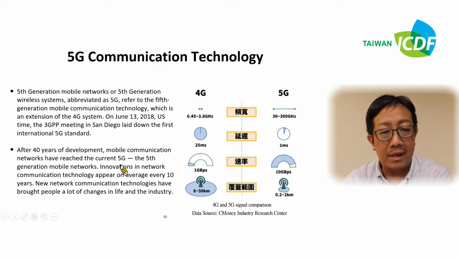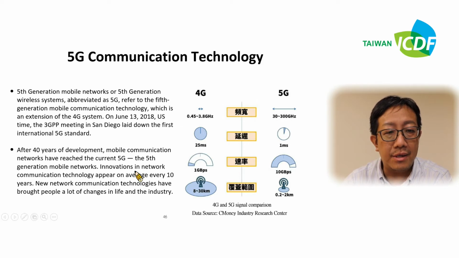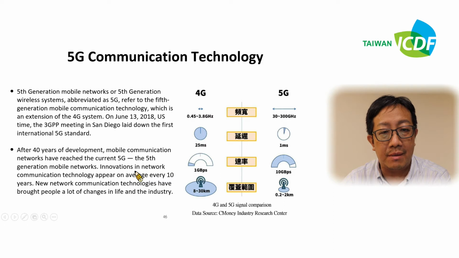After 40 years of development, mobile communication has finally reached the current 5G. Innovations in network communication technology appear on average every 10 years. New network communication technologies have brought people a lot of changes in life and in the industry.